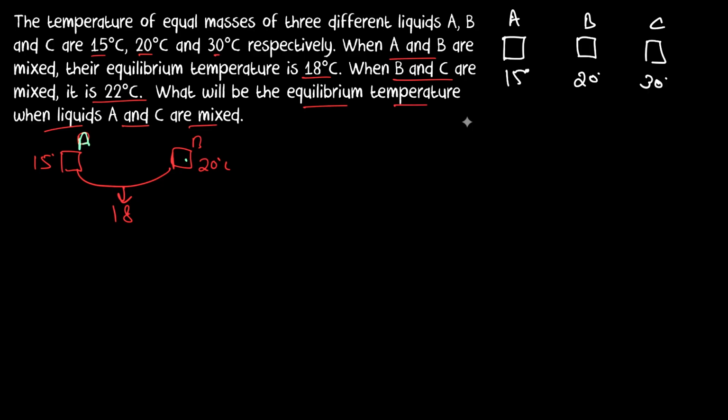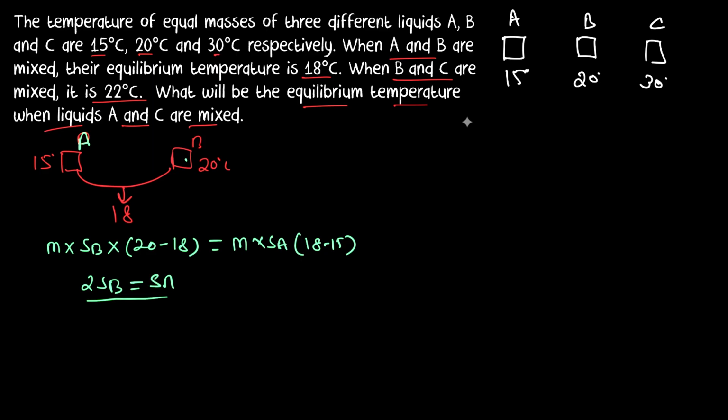Now heat loss by B is equal to heat gain by A. So heat loss by B will be equal to mass of B into specific heat of B into delta T. Delta T will be how much? 20 minus 18. And heat gain by A, mass of A into specific heat of A into 18 minus 15. From this one we can write 2SB is equal to SA and the rest of the things get cancelled.